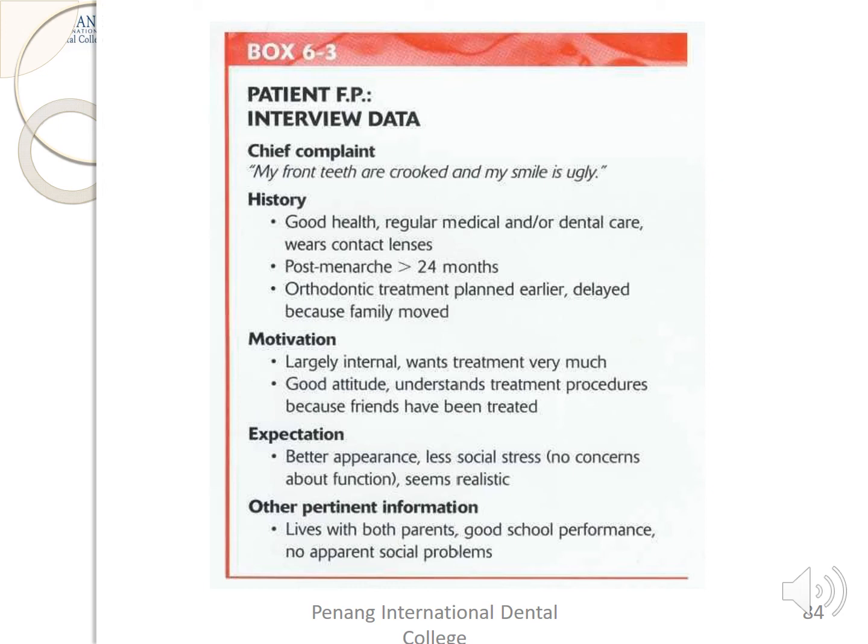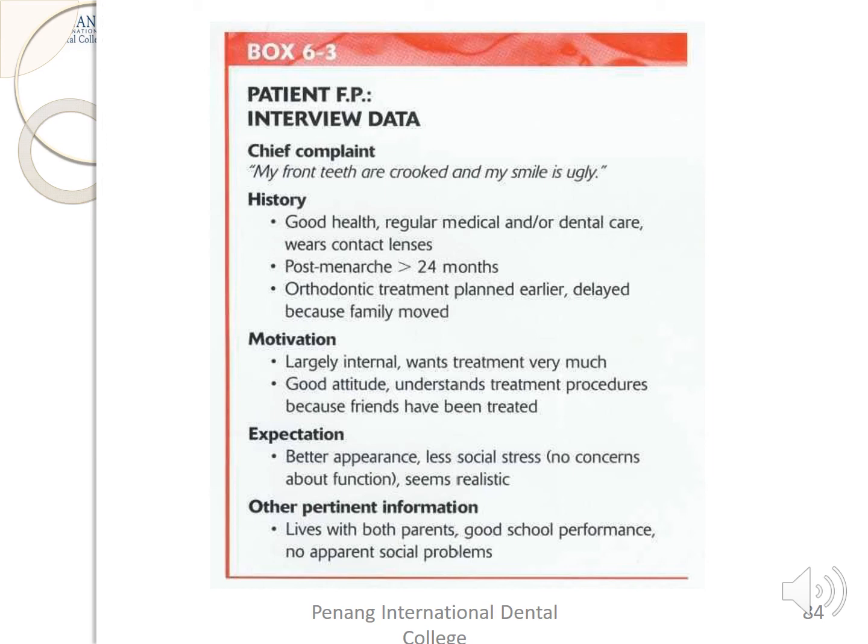Post-menarche is more than 24 months, meaning that the patient already had menstruation maybe more than 2 years ago, and orthodontic treatment was planned earlier and delayed because the family was moving out from somewhere. As for motivation, the patient is largely internal and wants treatment very much. The patient has a good attitude and understands the treatment procedure because friends have been treated.